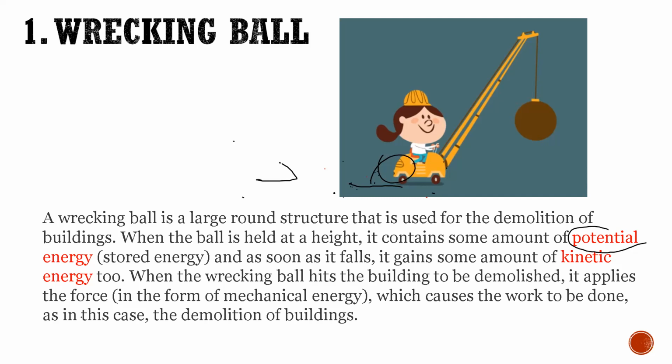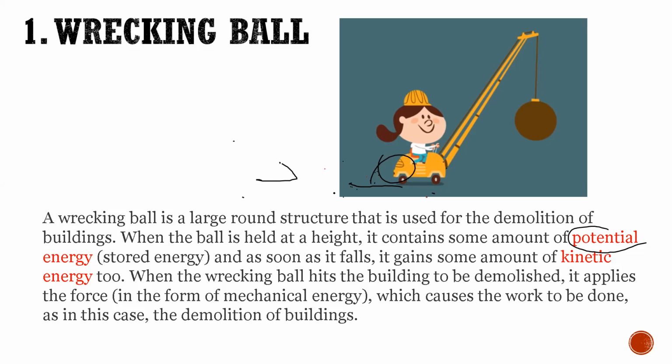Yes, teacher. So here, before movement, it has only potential. After it starts moving or starts to fall, it has a kinetic. So at the end, we have kinetic because it's moving, and we have a potential because it is in storage.